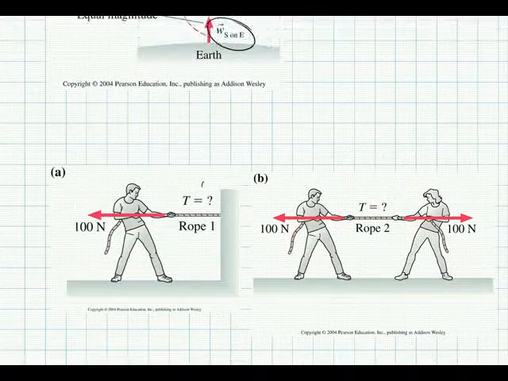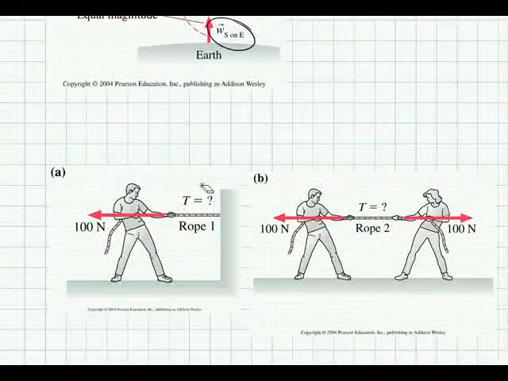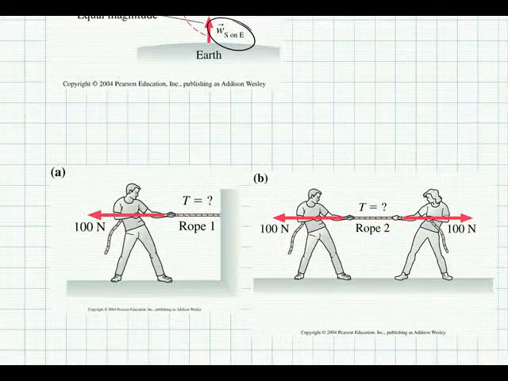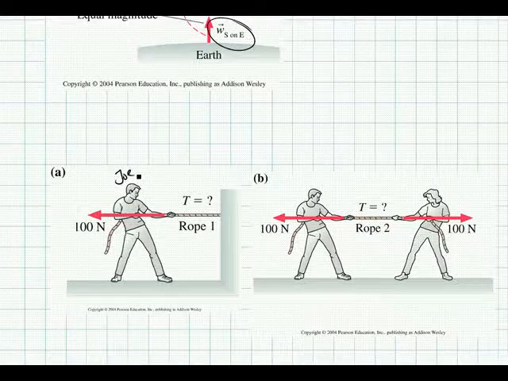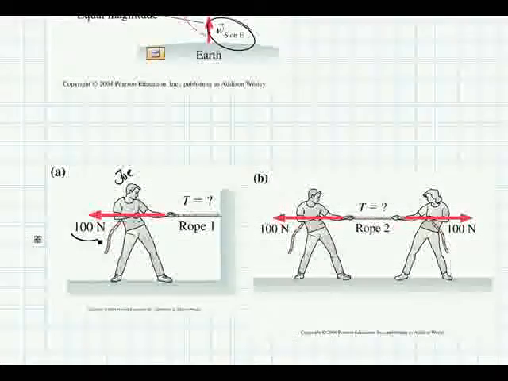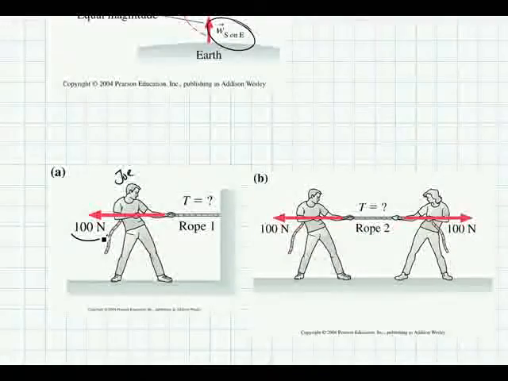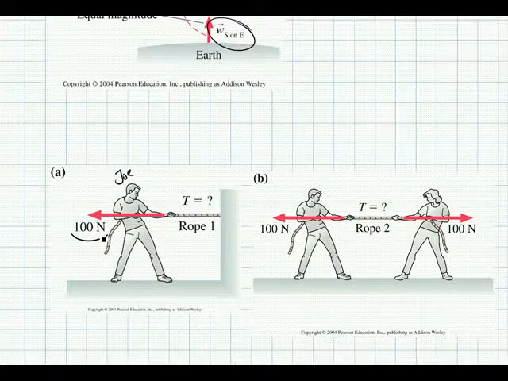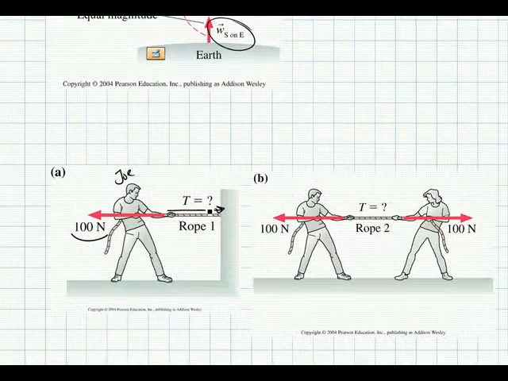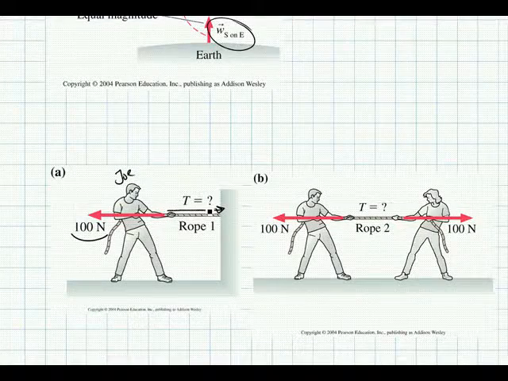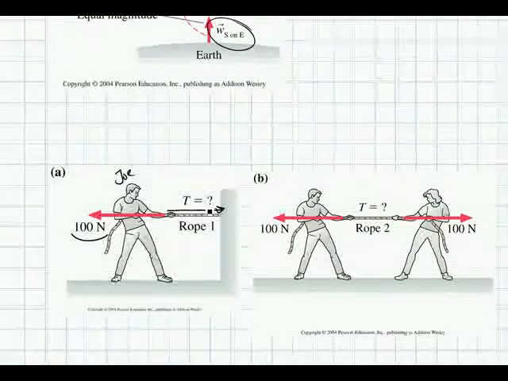Let's go back to our rope again, and here what we have is Joe pulling on a rope which is attached to a wall. Let's say the force that Joe exerts on the rope is 100 newtons. So what is the tension in the rope? So what is the force that the rope exerts on Joe? We have an equilibrium problem.